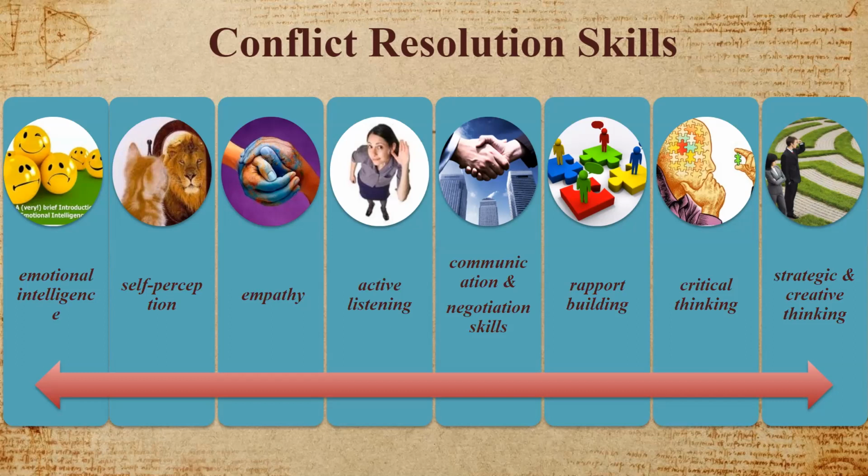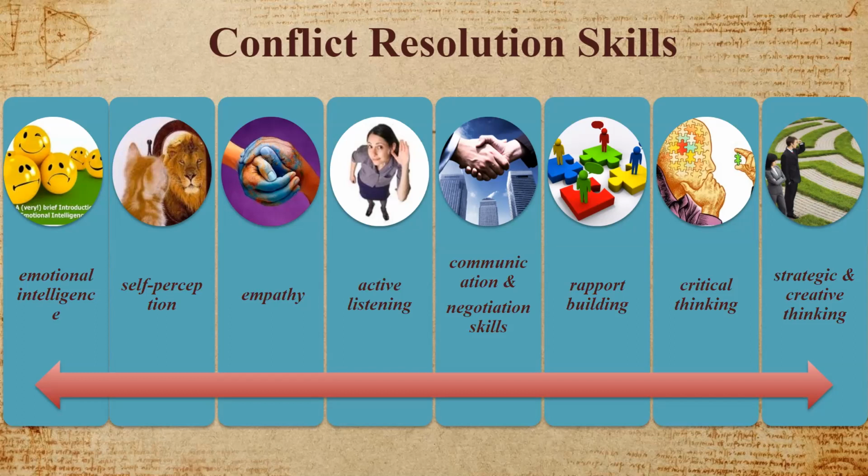It's rapport building. Critical thinking is seeing the problem from different points of view without judgment. It's just understanding and seeing it from different points of view. And of course, strategic and creative thinking, that's the ability to find solutions for a particular problem using strategy, so a strategic mind, and also creativity, creative thinking.